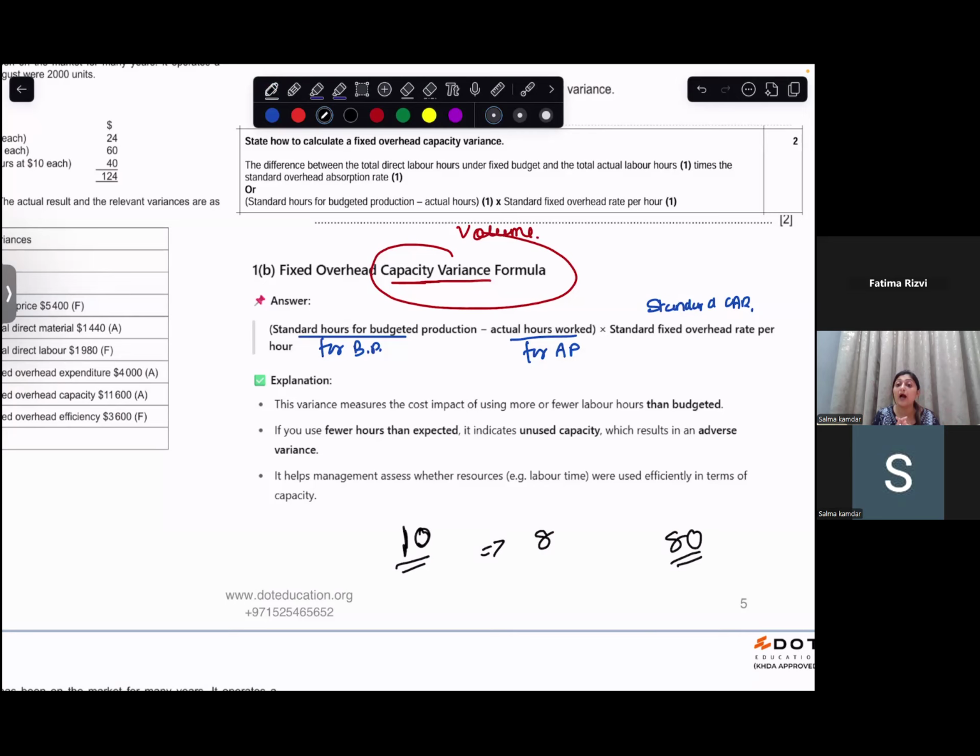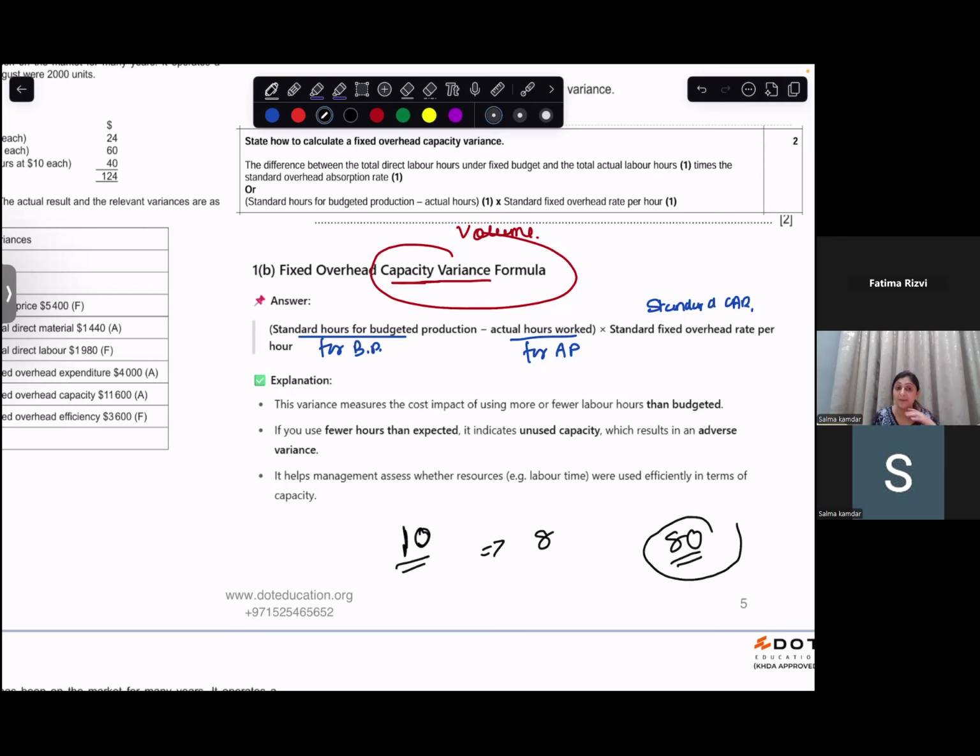But when we are trying to find out the capacity variance, we are actually trying to see whether our laborers worked within our capacity or beyond our capacity. Whether they worked less than 80 hours or more than 80 hours. So this is standard hours for expected budgeted production.